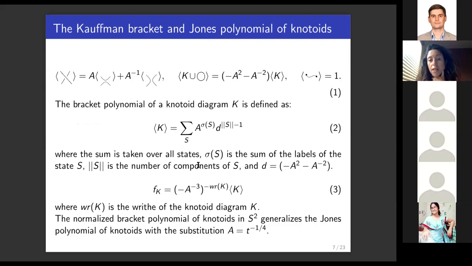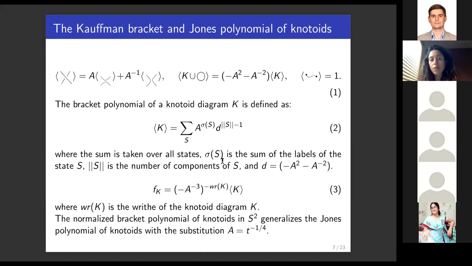The states now will have endpoints, and sigma is the sum of labels of the state, S is the number of components, and D stands for this expression. Then we can define the normalized bracket polynomial in this way, where WR of K is the writhe of the notoid diagram K. And this generalizes the Jones polynomial of notoids with this substitution.